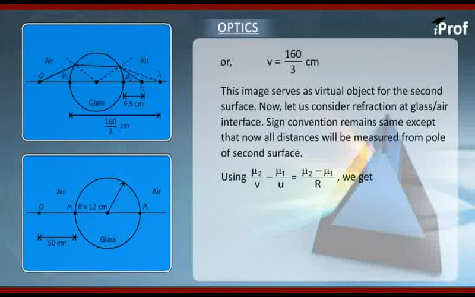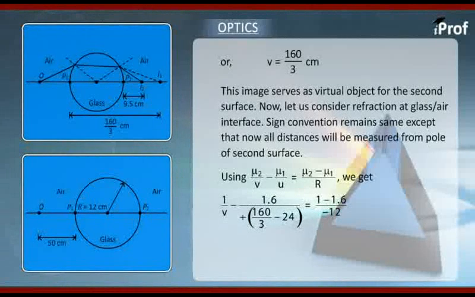So we get finally 1 over V minus 1.6 over, and earlier we got 160 by 3, it was positive, and positive meant that the image is formed on the positive side, that is in the direction of the incident ray.